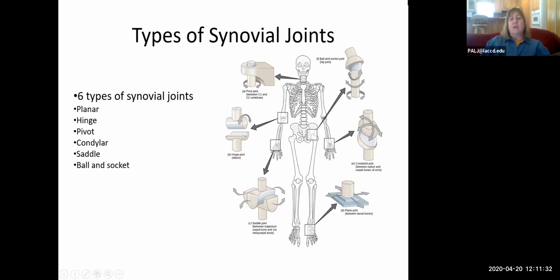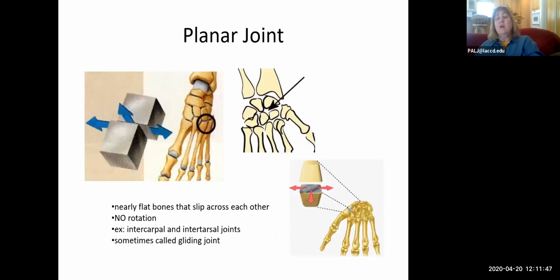So now let's talk about the 6 types of synovial joints. There's all 6 of the names, but I'm going to go through them one by one so you can understand the difference in structure. And I also will give you examples of joints that have that structure. So the first is called a planar joint. These are bones that have a surface that's almost flat, and there are 2 adjacent bones with surfaces that are almost flat, and they are just going to slide across each other.